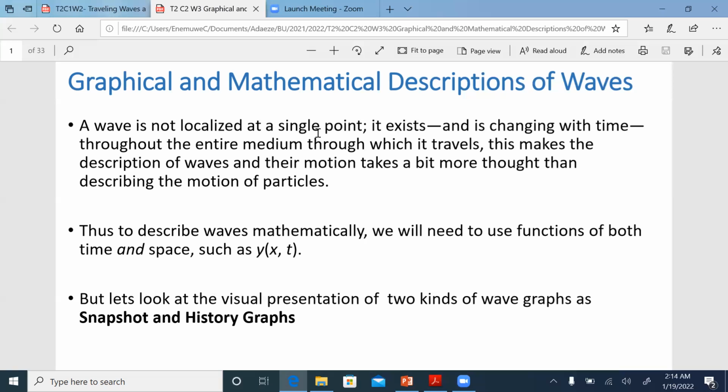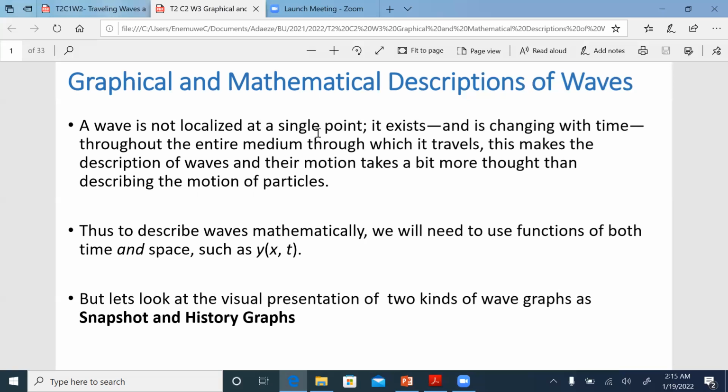The last class, we discussed the wave model and we saw some terminologies we used to describe the wave. We were able to talk about the transverse and longitudinal wave, the two major class of waves.